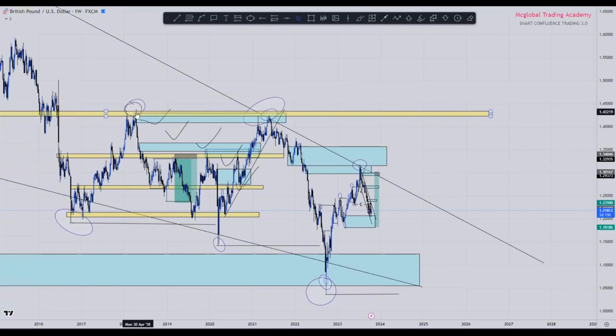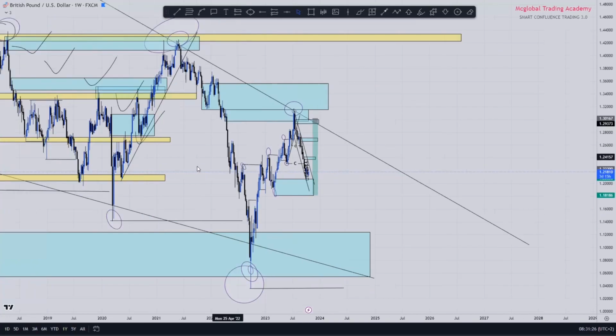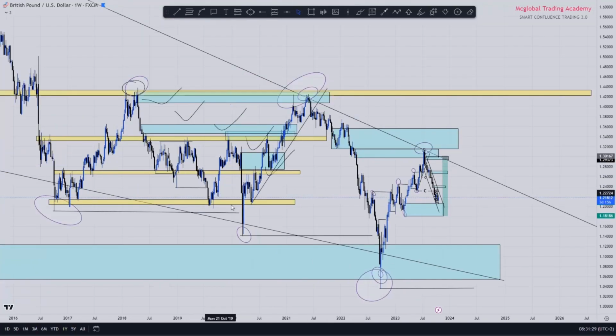From that leg to take out this low, it was from April 2018 up until around November, December 2019. It took almost a year and a half just to come from that leg to take out this leg.